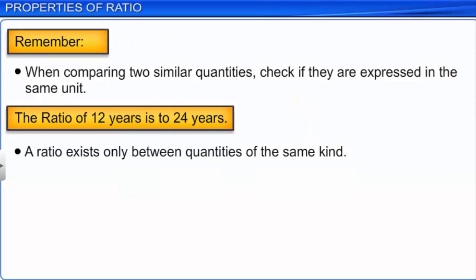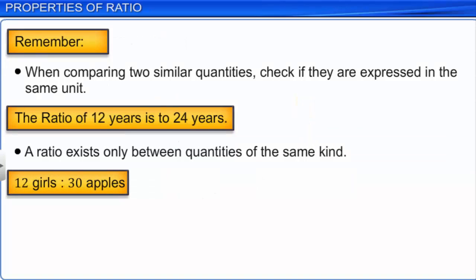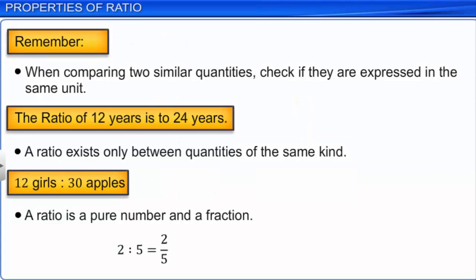For example, it is meaningless to compare 12 girls with 30 apples. A ratio is a pure number and a fraction. For example, the ratio between 2 centimeters and 5 centimeters can be written as 2/5.